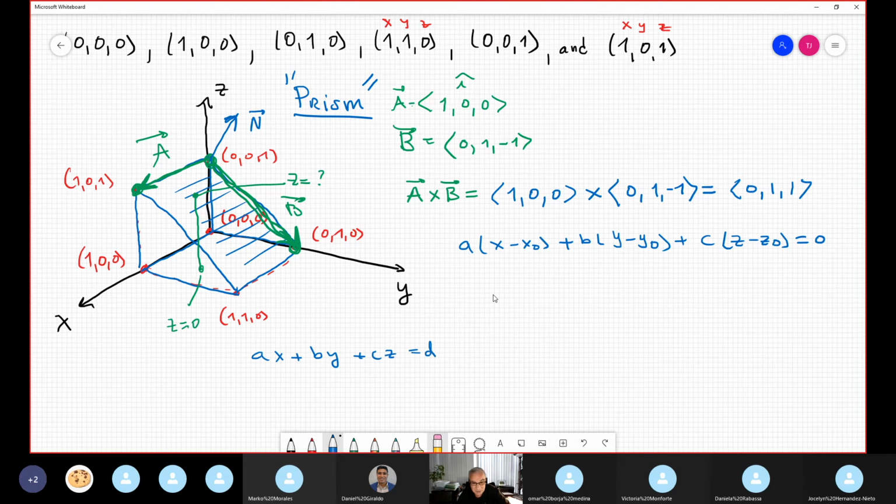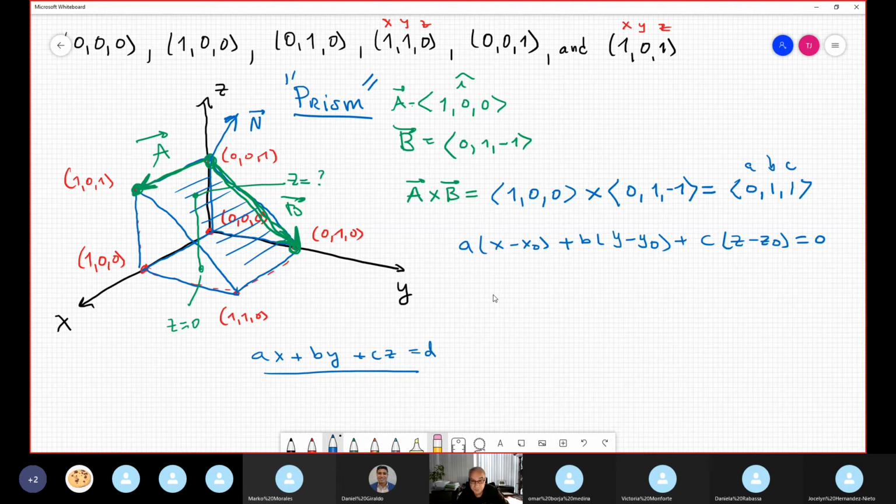But this is analogous. This and this are the same thing, because d is a x null plus b y null plus c z null, and when you move it to the right-hand side, it's exactly the same as this, no problem. However, what are the coefficients a, b, c? Well, these are the coefficients of the normal vector, which is 0, 1 and 1.